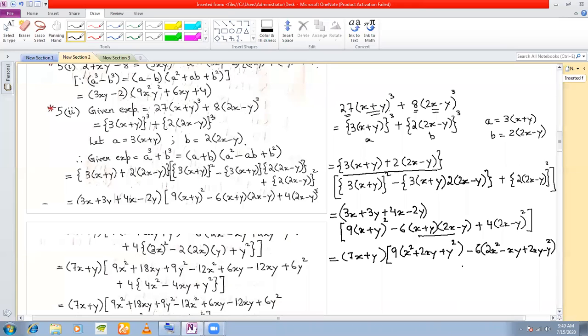And then you have finally plus 4 times 4x square minus 2 into 2x into y. The 2ab term is 2 into 2x into 2y, which is 4xy, plus y square.